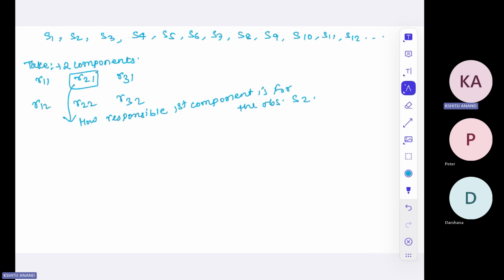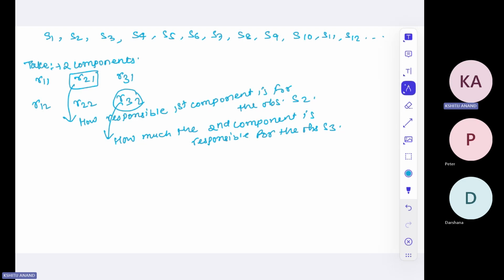Similarly, this will denote how responsible the second component is for the observation S3. So for the observation S3, there are two components, the first one and the second one. How responsible the first one is will be R31, and how responsible the second one is will be R32. If we have 5 components, then we will have 5 responsibilities for each of the observations, right?